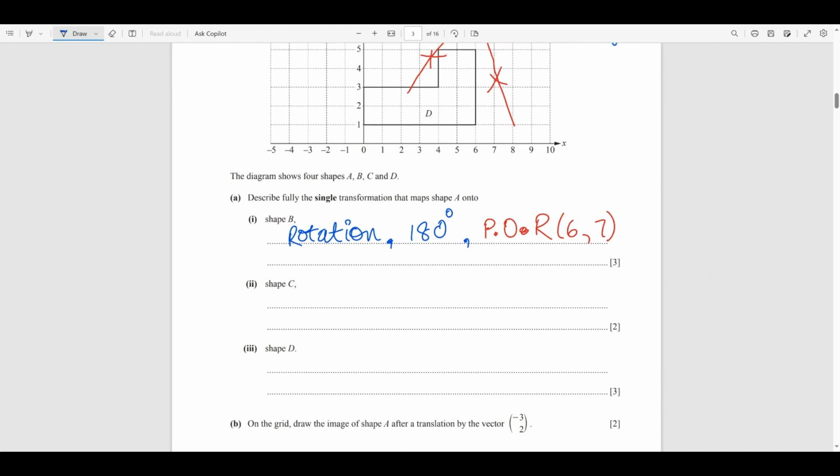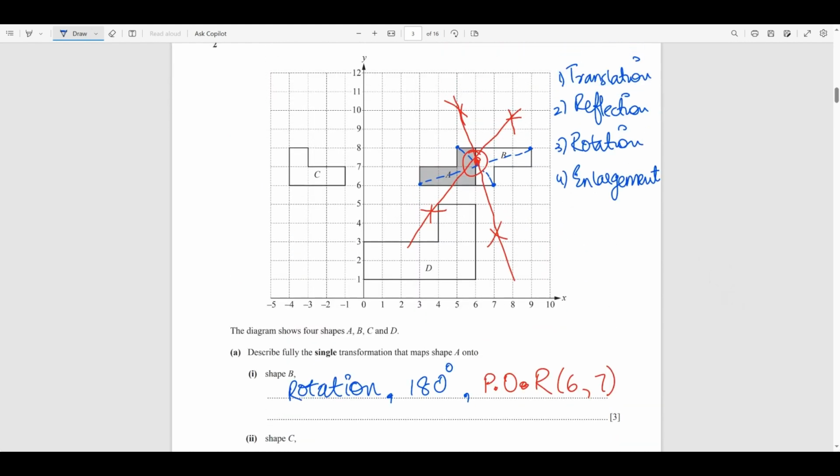Shape C from A to C. So from A to C we've already noticed that it's reflection. Let me erase this. If you want to find the line of reflection, you connect two corresponding points, and then you find the midpoint of the two corresponding points.